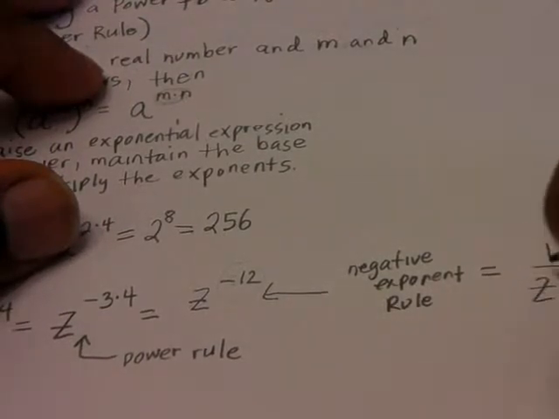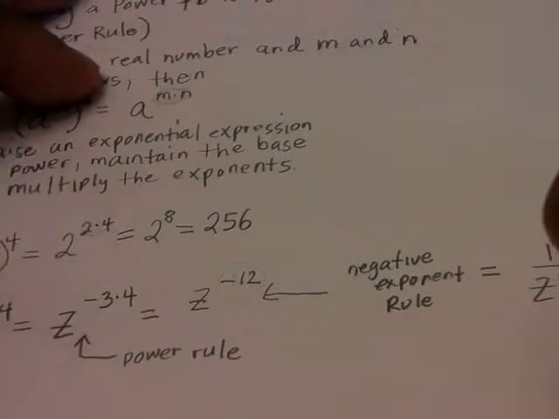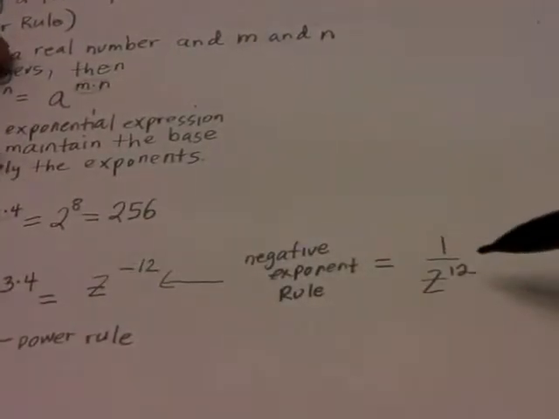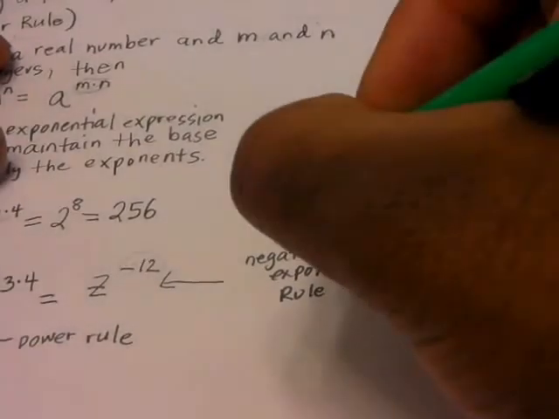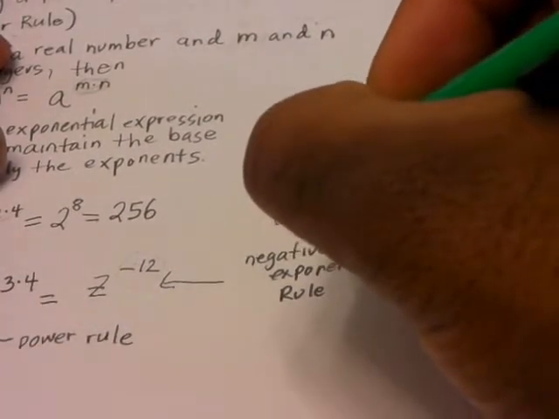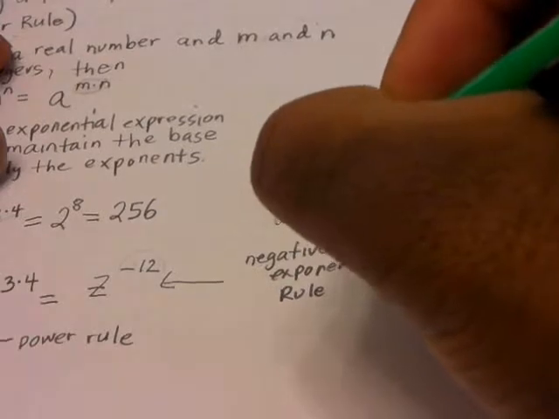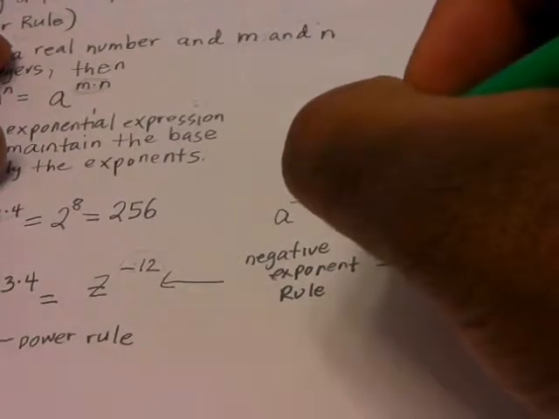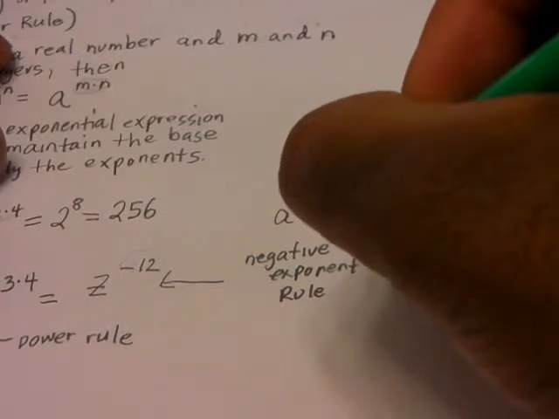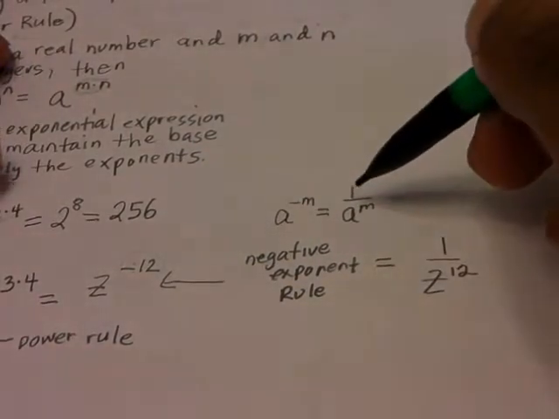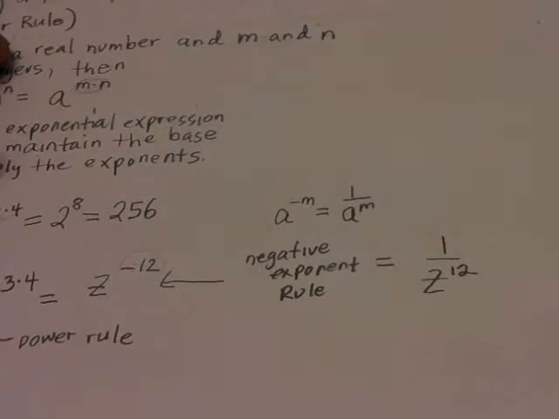1 over z raised to the power of 12, and that 12 becomes positive. This is part of the rule for negative exponents. You remember that. The negative exponent is changed to a positive when we write the reciprocal, or we write it as a rational fraction.